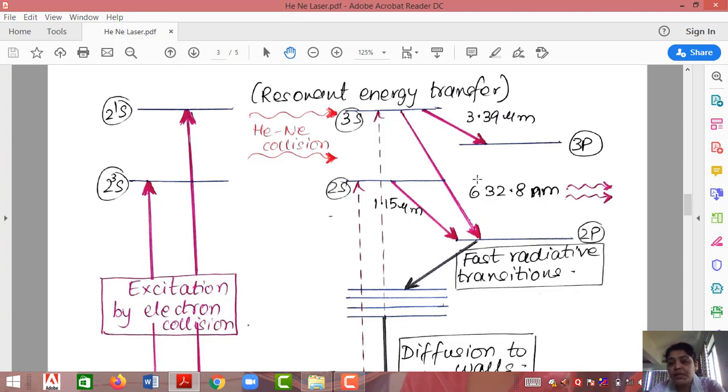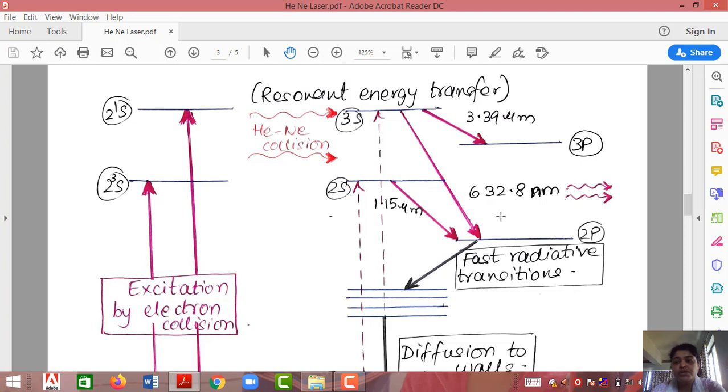So between 3p and 2p, you will get stimulated emission, which has a wavelength of 6328 angstrom, or 632.8 nanometers. Now these photons, emitted in a stimulated manner, will move inside the glass tube, and when they collide with the perfect reflector, they come back and excite more neon atoms, which will give us more photons.